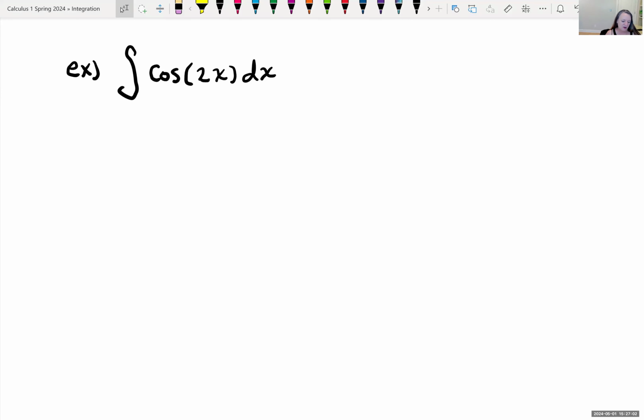So we're looking at the integral of cosine of 2x dx. So in these, if it's not just a trig function, if our argument is not just x, we can use substitution here. We can assume that u is equal to 2x, and then we would have du is equal to 2 dx.